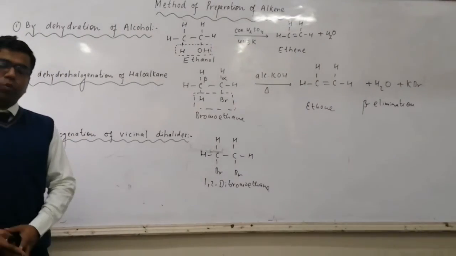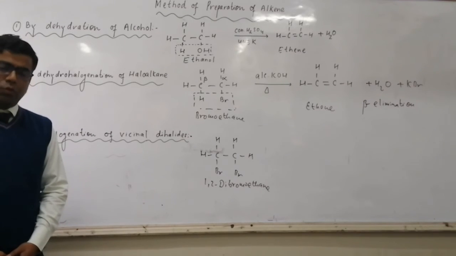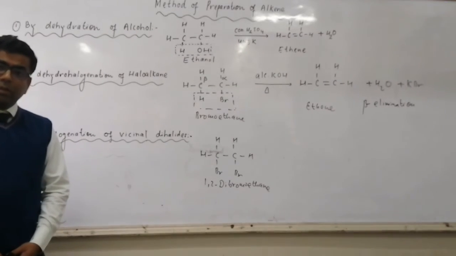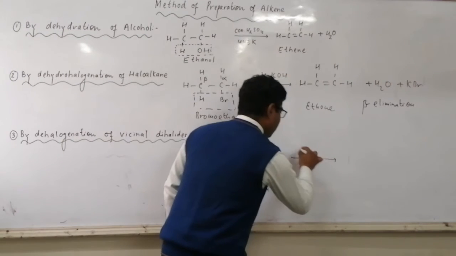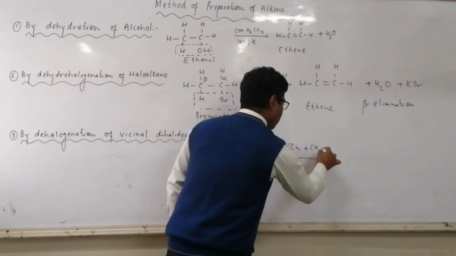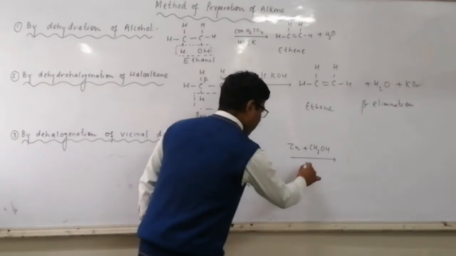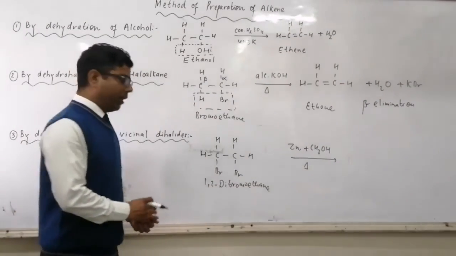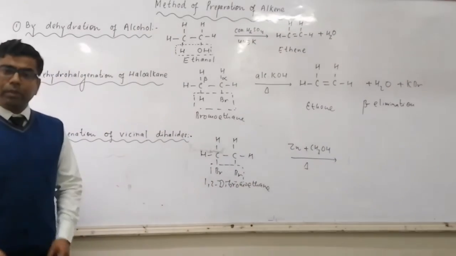Dehalogenation. De means removal. Halogenation means halogen molecule, X2. It can be Cl2, it can be Br2, it can be I2. Now what we require? We require the presence of zinc powder and methyl alcohol. When heated, what happens? Br from here is removed as Br2.